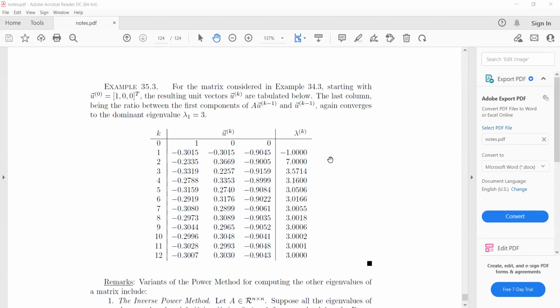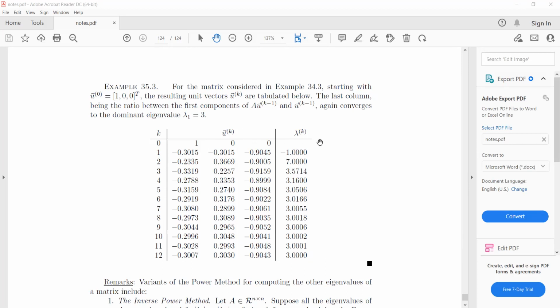In the last class, I said that the numbers in this column of this table were incorrect, but it turns out that they are correct. These numbers are correct. The second column of this table shows the entries of UK.